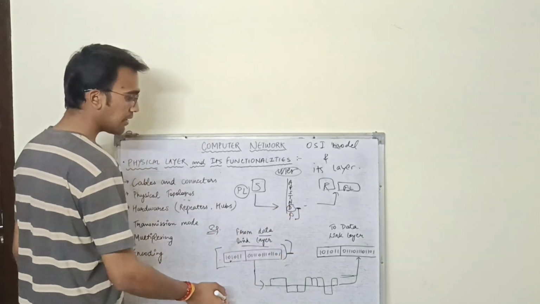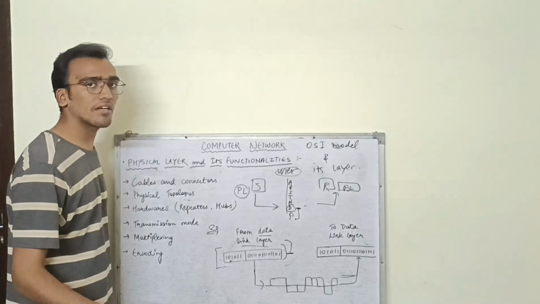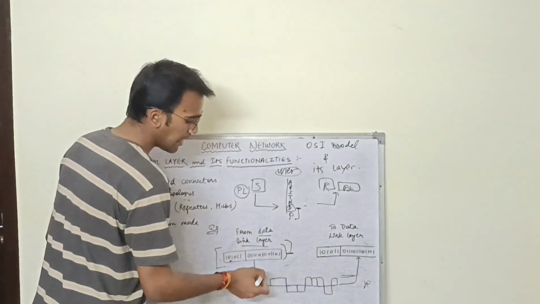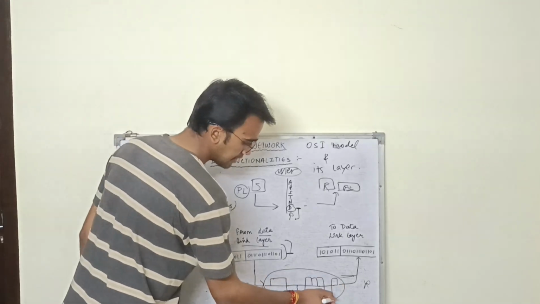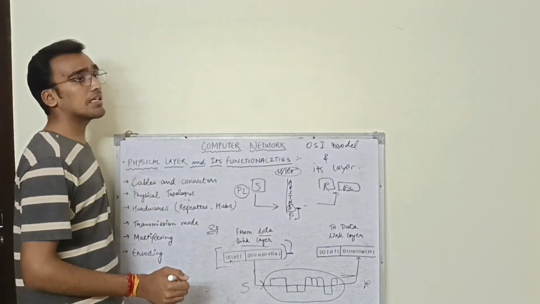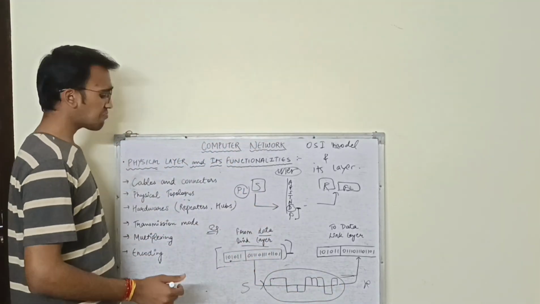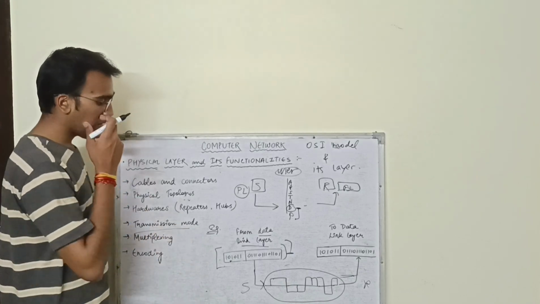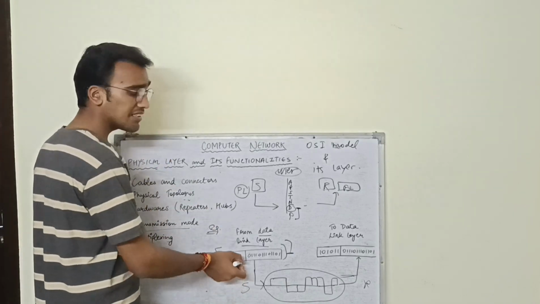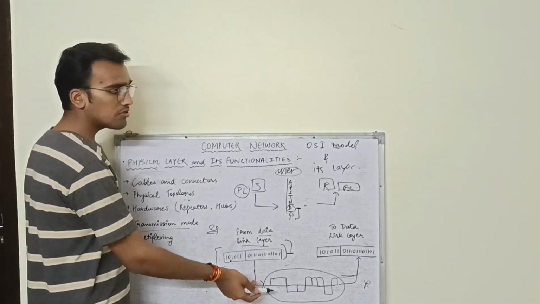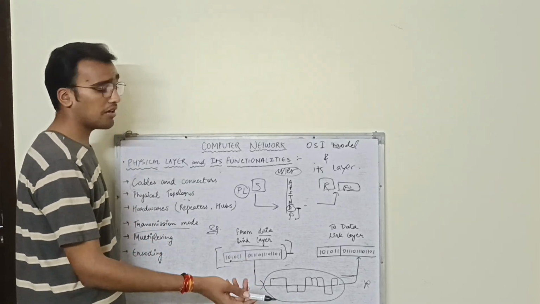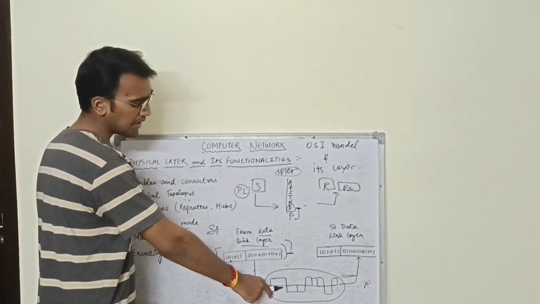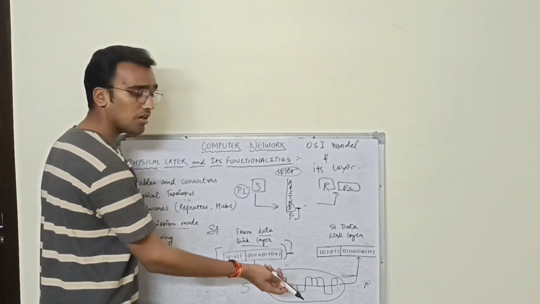Then the physical layer converts the data and transmits it to the receiver in the form of signals, or transmitting modes. It is in the form of bits, and it converts them into a digital signal or an analog signal.